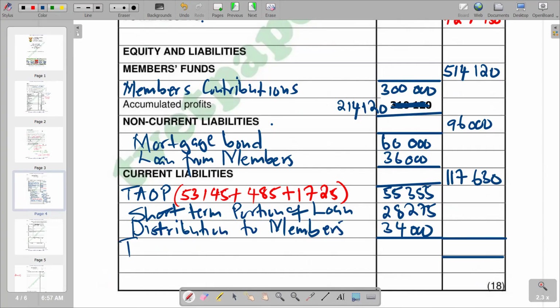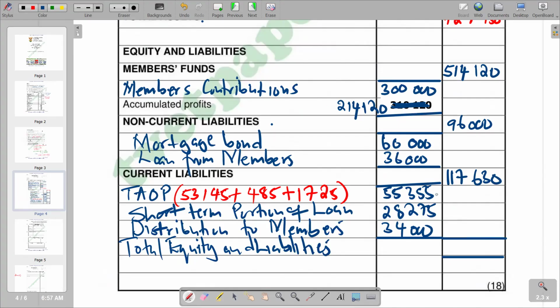This is going to be total equity and liabilities. And then we are adding the three figures, 54,120 plus 96,000 plus 117,630.